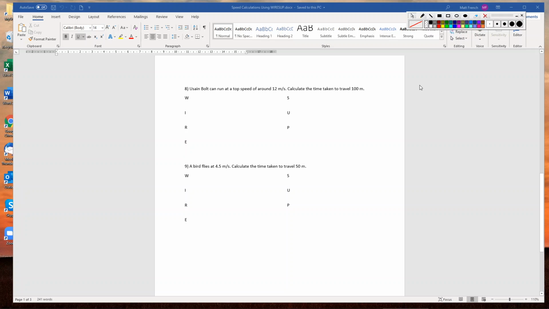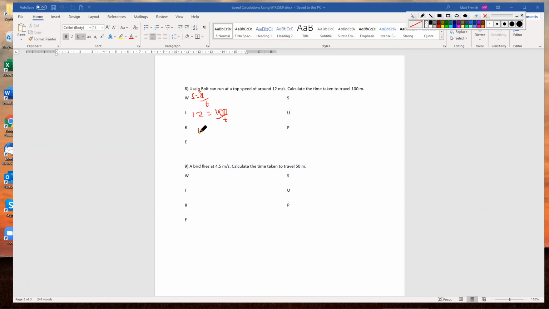So last 2 questions. We've got Usain Bolt doing some running in this question, and we're asked to find the time taken again. So speed is distance over time. We're going to insert some numbers. The speed was 12. The distance is obviously the 100-meter race, and we're interested in how long it might take him.